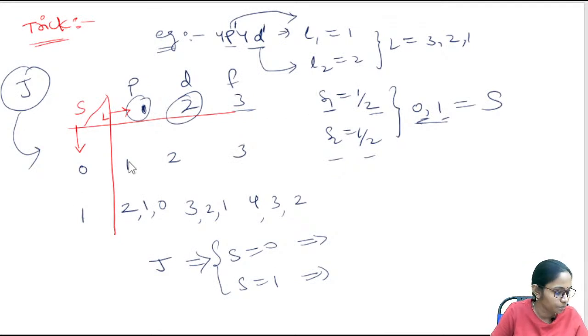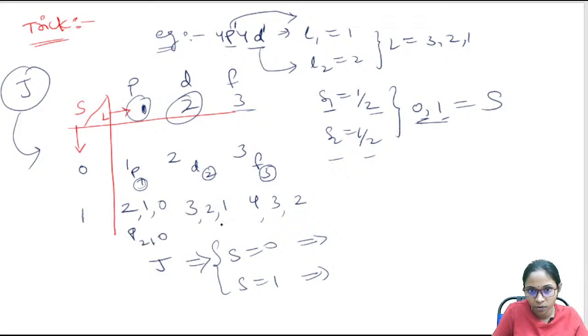So here this can be written as P1, D2, F3. In the base you will be having the j value. P2, 1, 0; D3, 2, 1; F4, 3, 2, with commas in between.